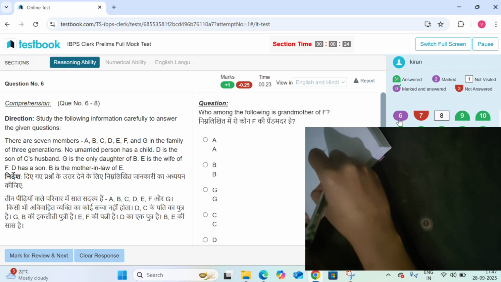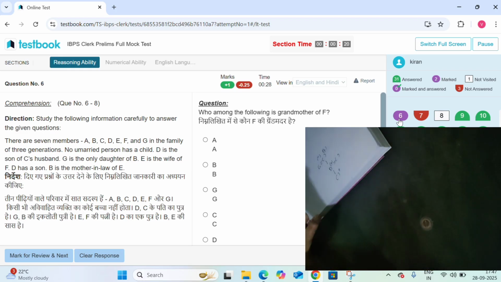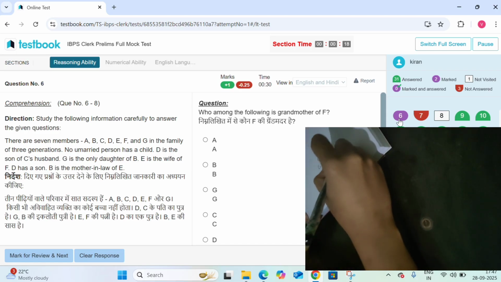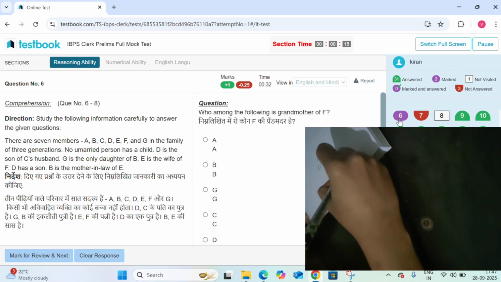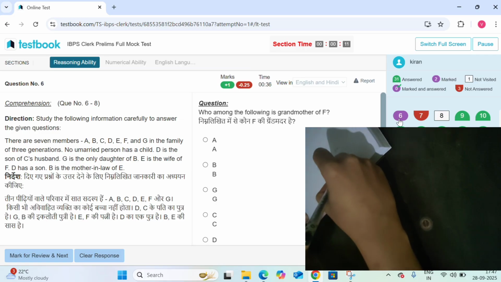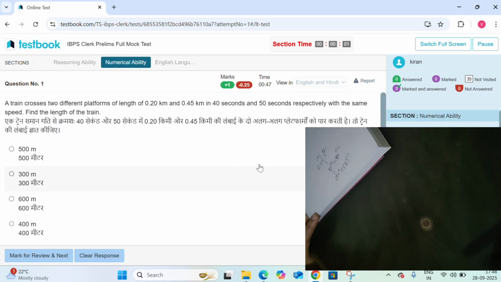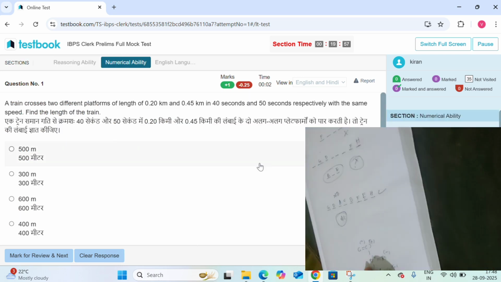B is the mother-in-law of E. E is the wife of F. Who among the following is the grandfather or grandmother of F? A, B, C, D, E, G. Doing the process.